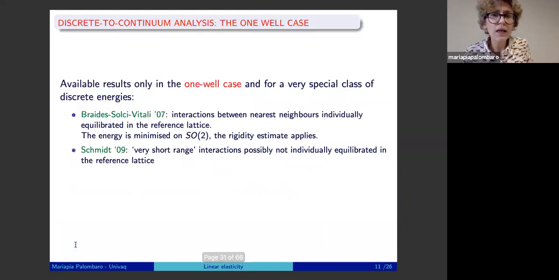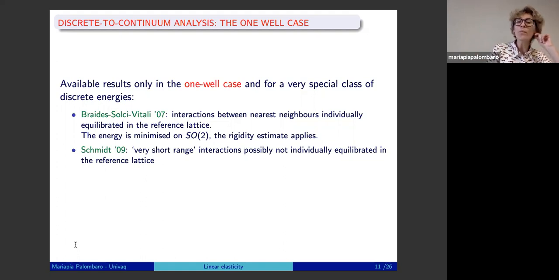Well, let me tell you what were the available results in the discrete setting before our results. So the available results only concerned the one well case and a very special class of discrete energies. So there was a paper by Braides, Solci and Vitali, where only interactions between nearest neighbors are considered, and the energy is minimized on the set of rotations. So in their case, the rigidity estimate applies straight away.